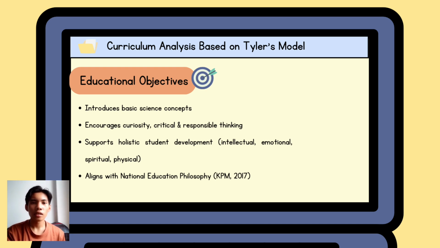Science education in this context is not just about acquiring knowledge, but about shaping students to become responsible and ethical individuals who can contribute to society in the rapidly advancing scientific world.